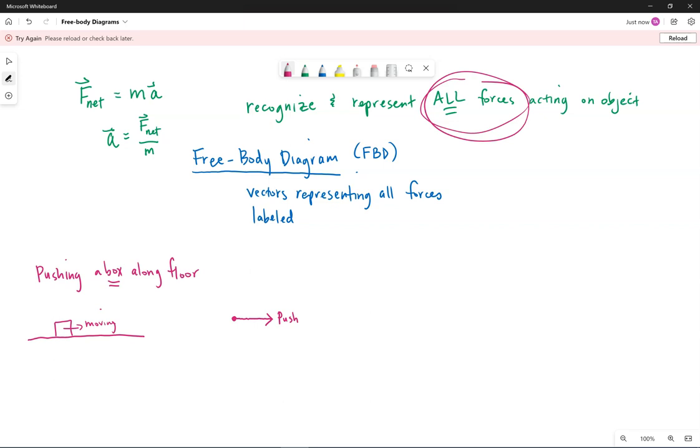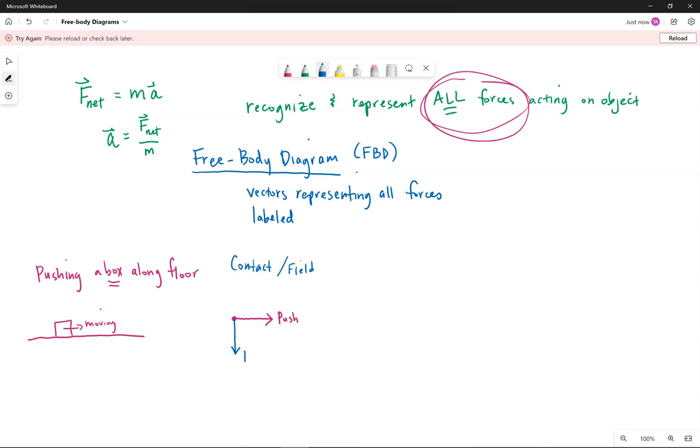But that's not the only force. Remember, forces fall in the categories of contact or field forces. So field force, of course, we always have the force of gravity. The box would be experiencing that force of gravity straight downwards towards the center of the earth.